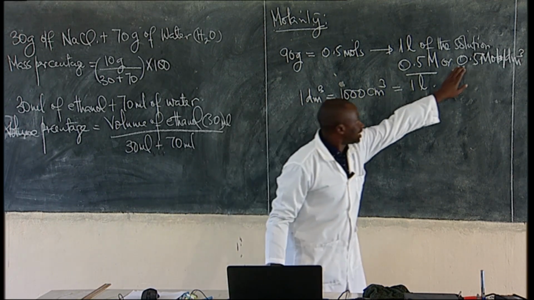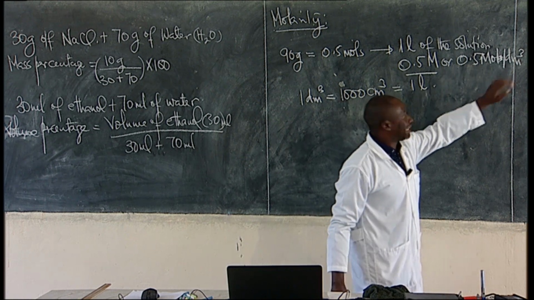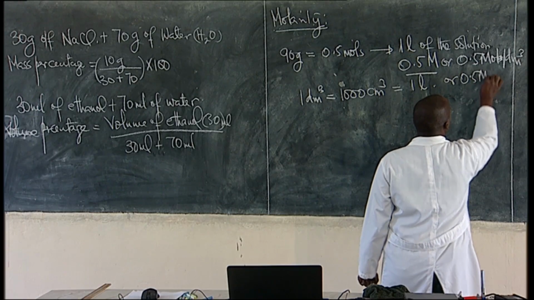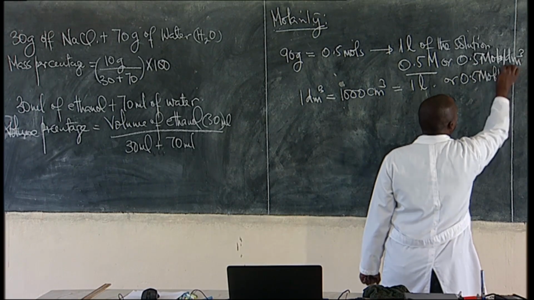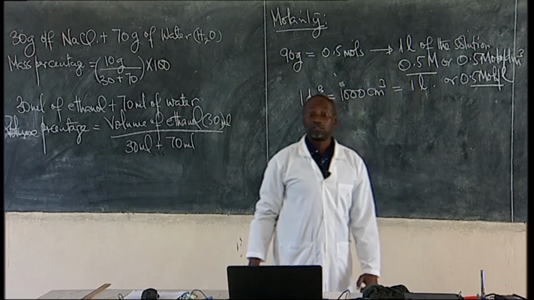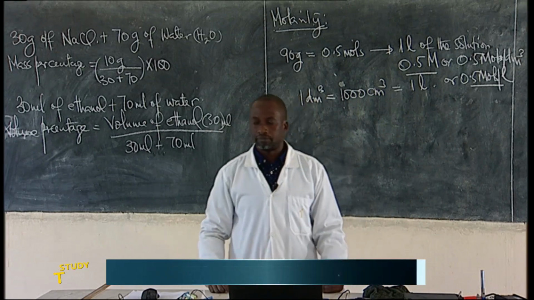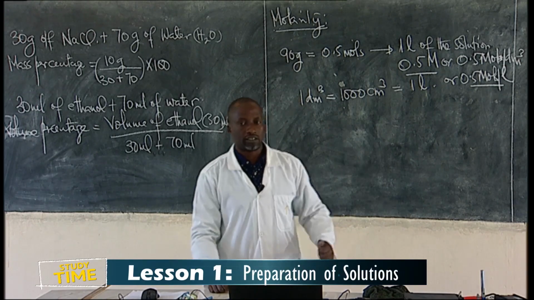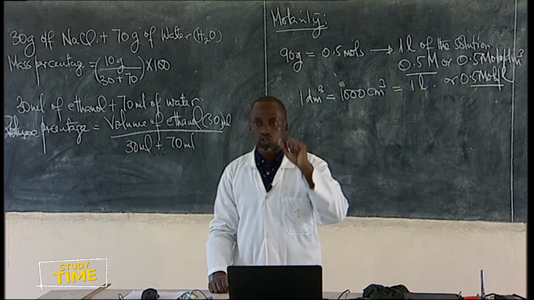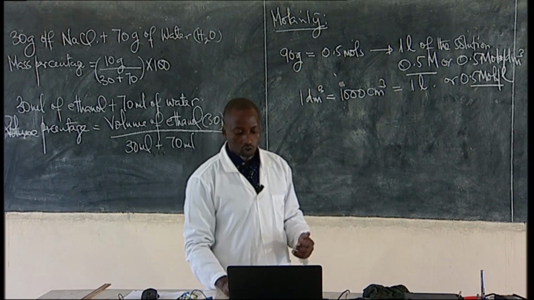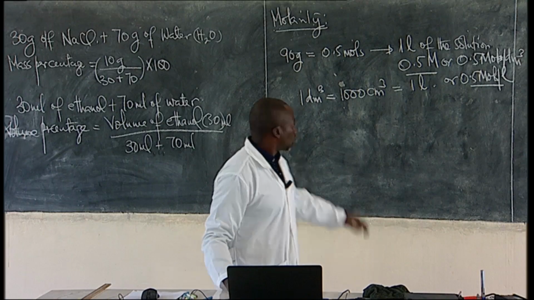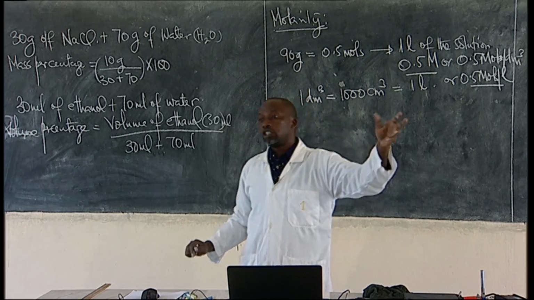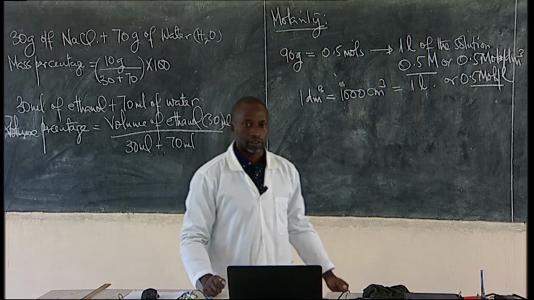So we can express this as moles per decimeter cubed, or 0.5 moles per liter, and that gives us the molarity: the number of moles dissolved in 1 liter of the solution. So these are the units of molarity. Molarity is also a unit of concentration.